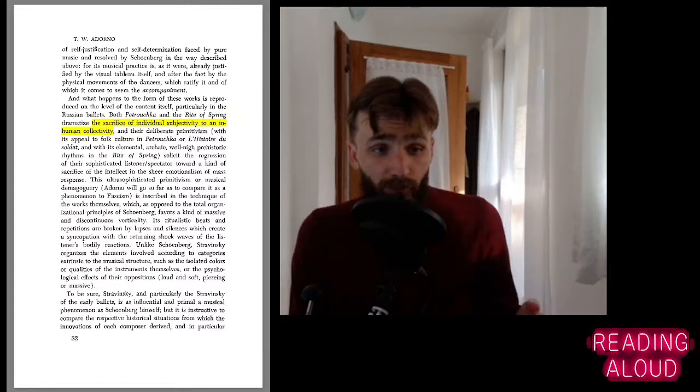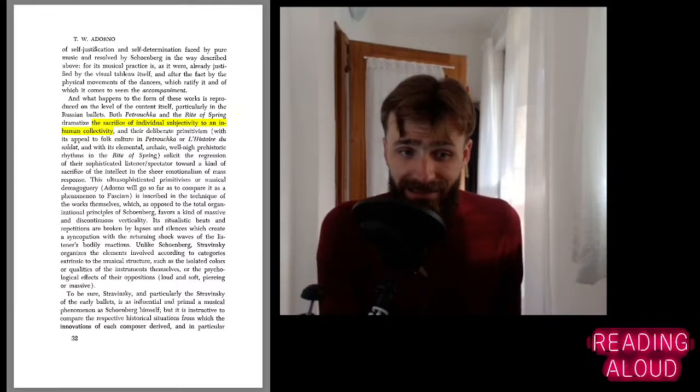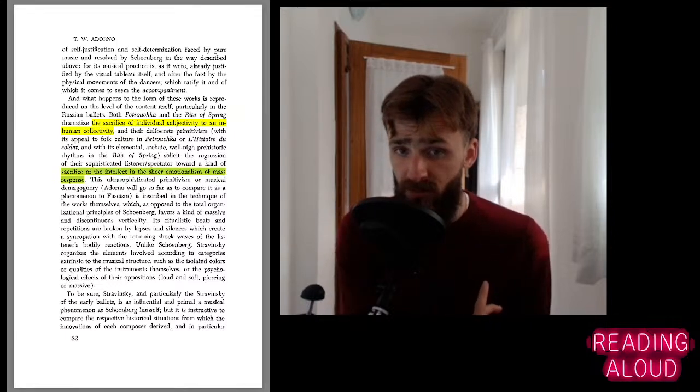and their deliberate primitivism, with its appeal to folk culture in Petrushka or L'Histoire du Soldat, and with its elemental, archaic, well-nigh prehistoric rhythms in The Rite of Spring, solicit the regression of their sophisticated listener/spectator toward a kind of sacrifice of the intellect and the sheer emotionalism of mass response.